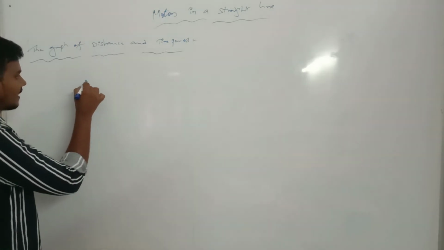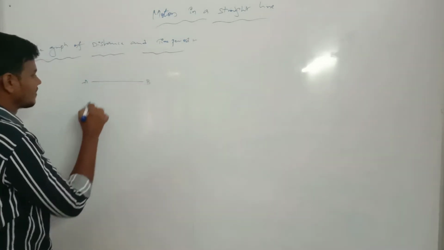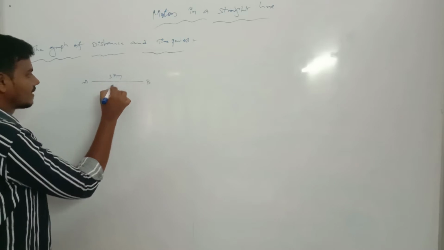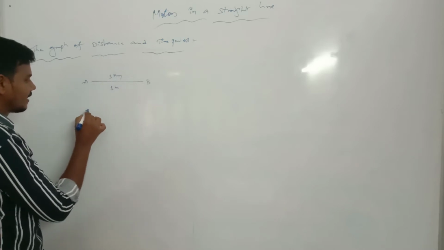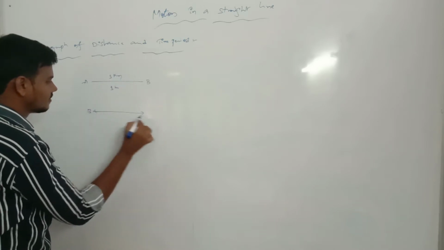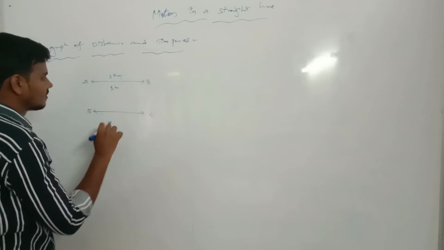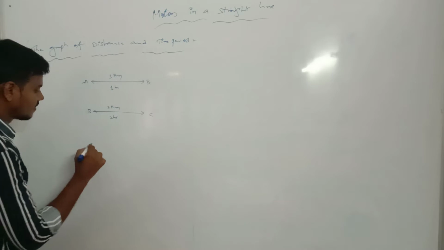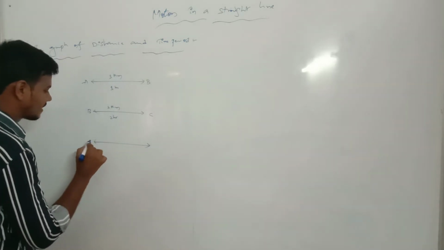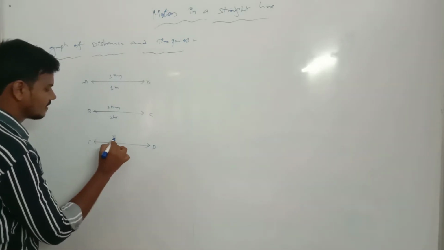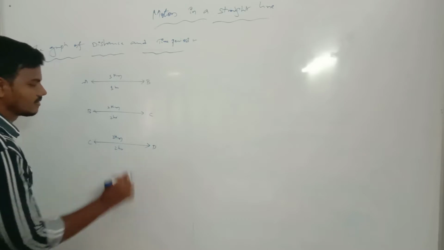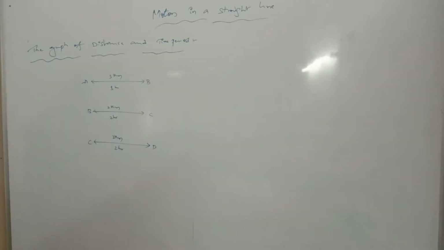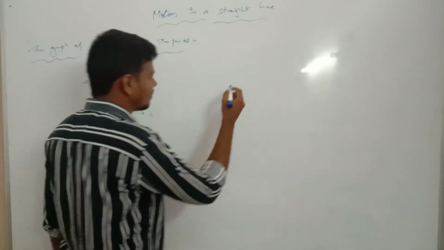At A to B the distance is 1 kilometer in 1 hour. At B to C the distance is 2 kilometers in 2 hours. Next, C to D the distance is 3 kilometers in 2 hours, as in the previous one. The graph situation will be applicable.